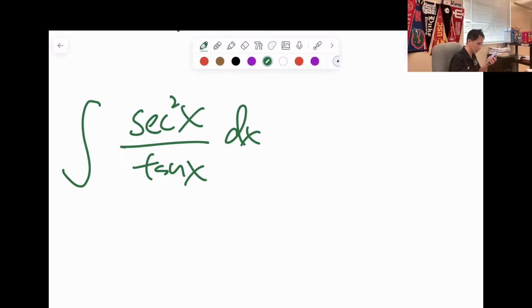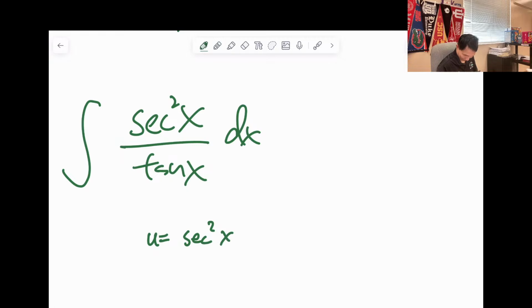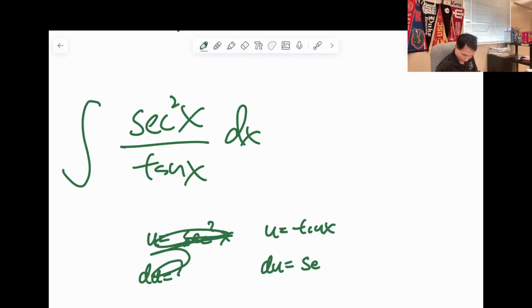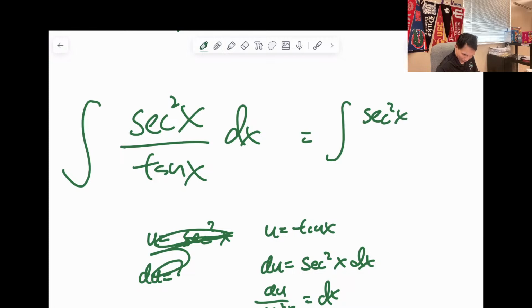Do you guys see it? u equals tan of x, du equals secant squared of x dx. So that will be the integral of secant squared of x du over secant squared of x, which is the integral of du over u, the natural log of u plus c.